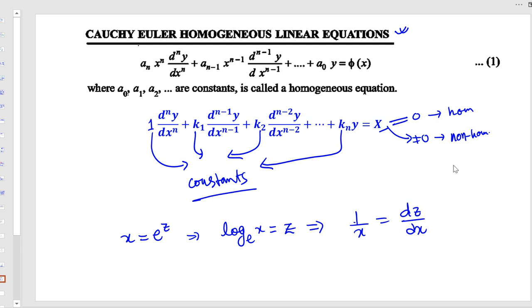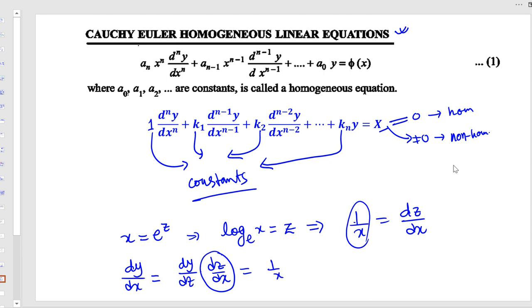Now if you again apply the chain rule, dy dx is actually dy dz times dz dx. But for this case, we have seen this is 1 by x. So 1 by x dy dz.